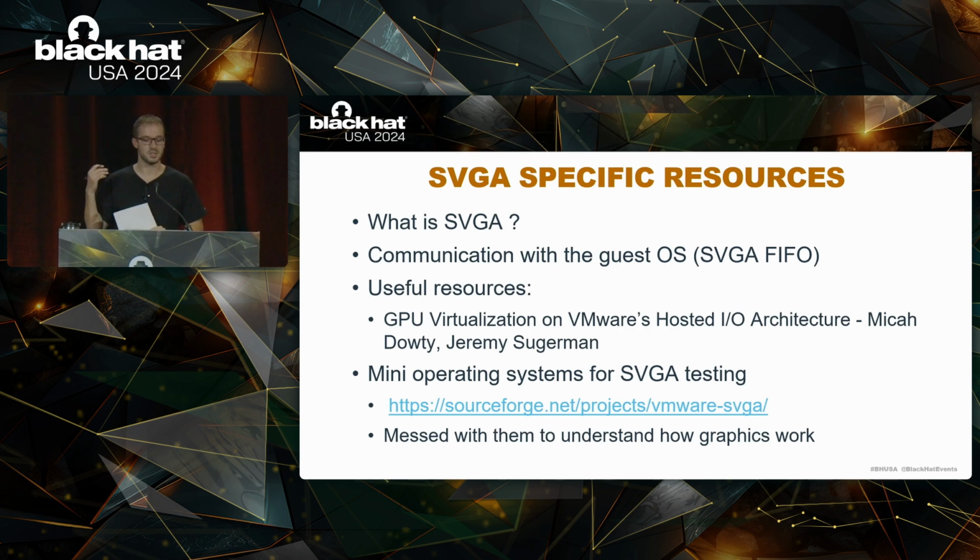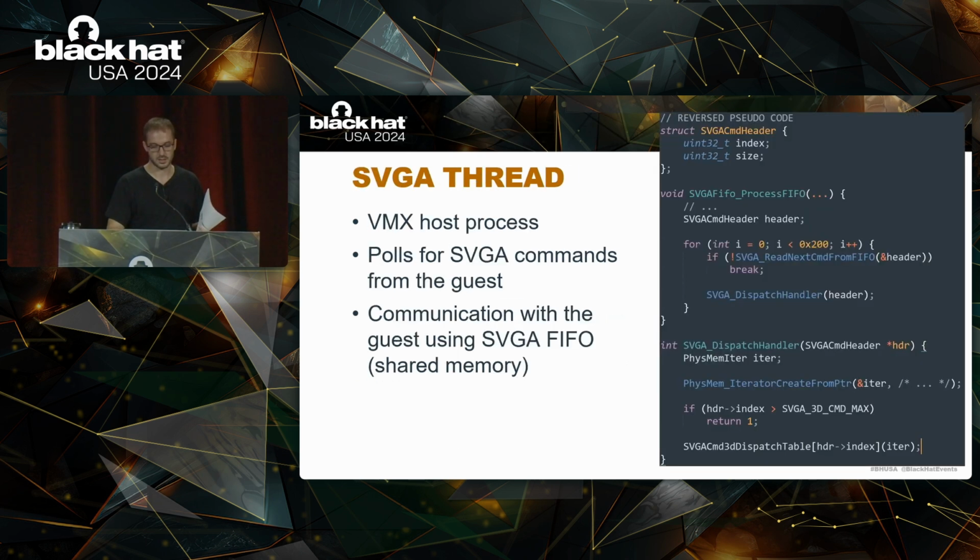Additionally, they also released some mini operating systems for internal SVGA testing. When I started, I downloaded them, compiled them, and ran them in order to understand how the virtual graphics device works. More on this later.